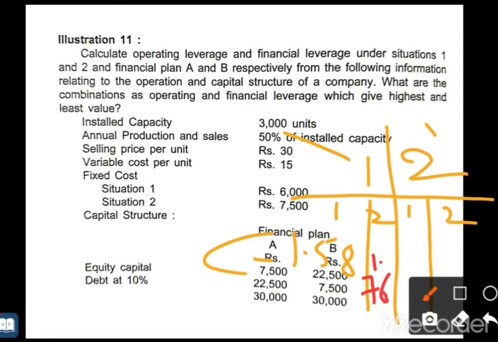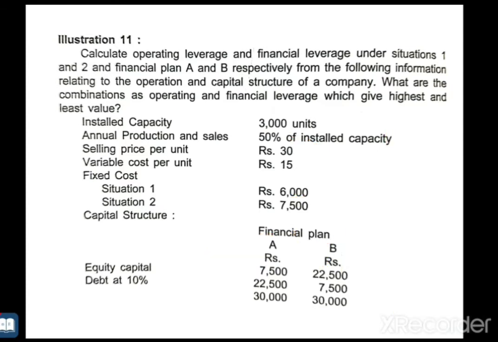Under plan 2 situation 1 it is 1.42, and in plan 2 situation 2 it is 1.57. So these are the combined leverage answers. Among these four you have to suggest which is the highest and which is the lowest value. I hope you are clear about the problem. The method will remain the same, you just have to work it out.